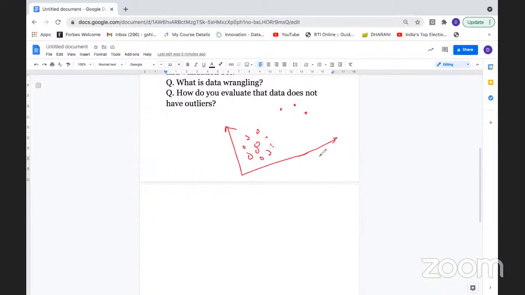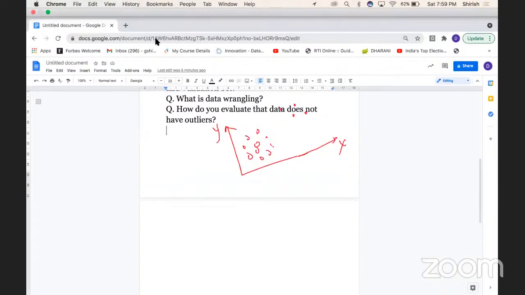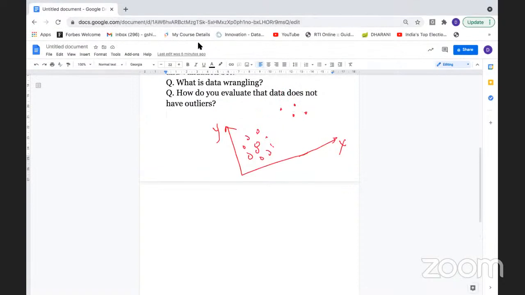The value of the other variable determines the position on the vertical axis, and you have y and x, any variable you can take. So they are very far away from the general spread of the data. They have very few neighbors, so there is a chance that they could be treated as outliers, right?